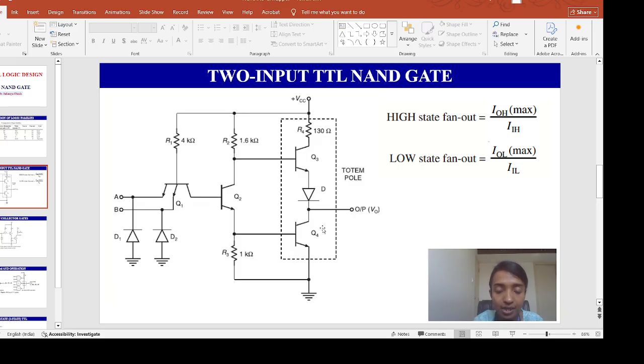A large current will flow from the supply to the ground through Q3 in the high state and Q4 in the low state. This is because Q4 in the low state acts as a very low resistance load on this Q3.